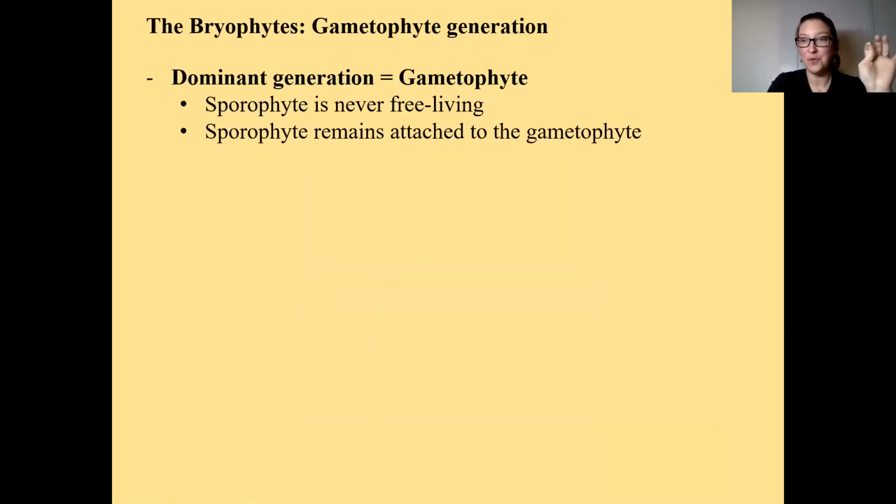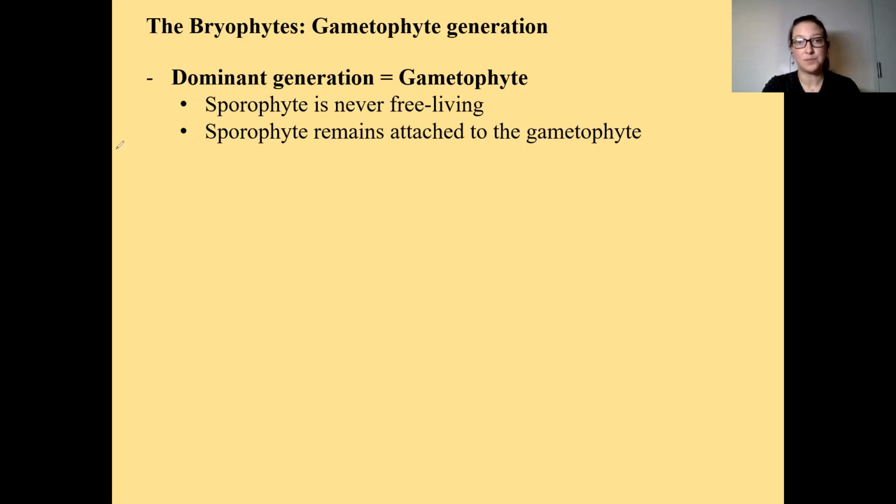Okay. So remember last time when we talked about the alternation of generations and how the earlier plants have the gametophyte generation dominant? Well, bryophytes, mosses, liverworts, and hornworts, are those earliest land plants. And so those earliest land plants have a dominant gametophyte generation. What does that mean?